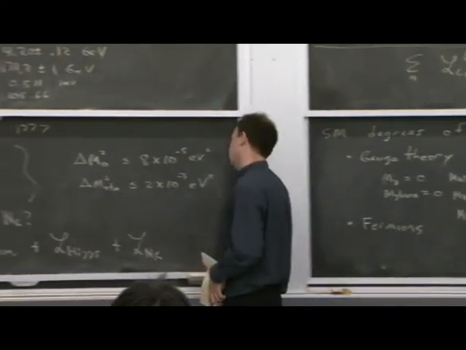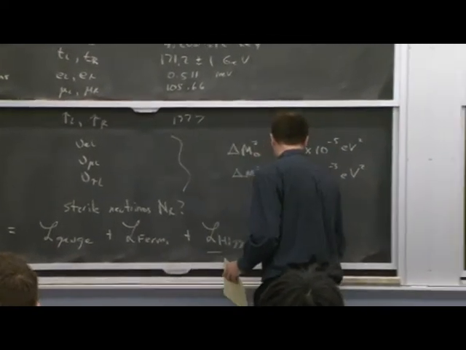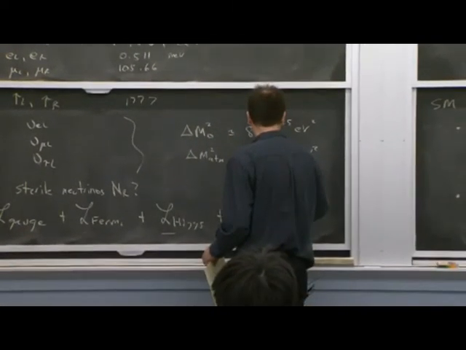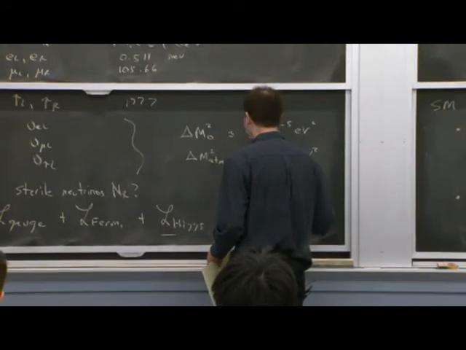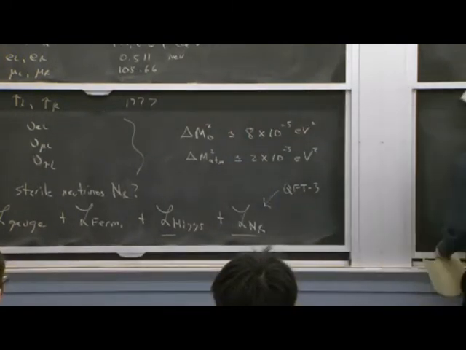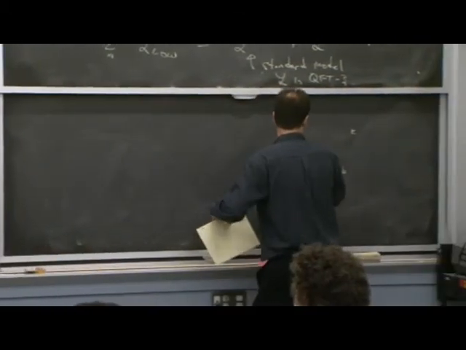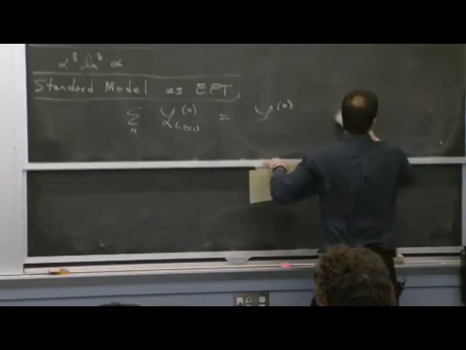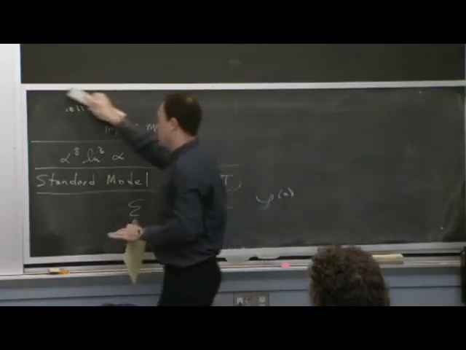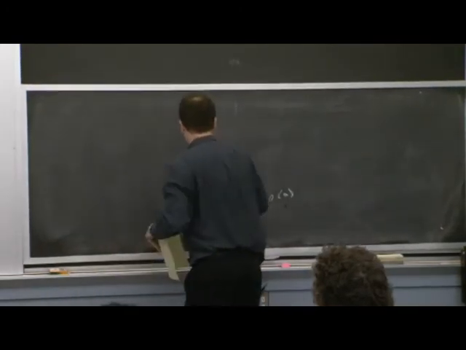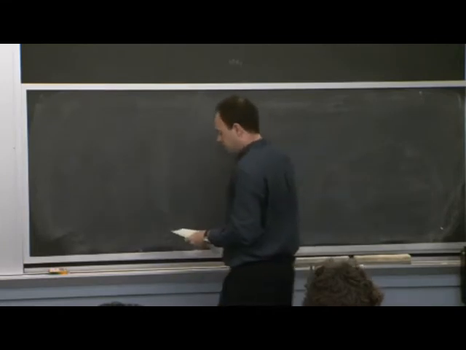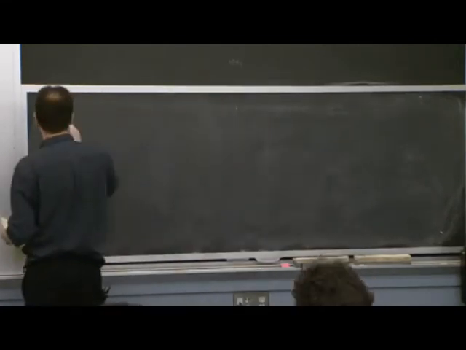So, these are topics that come up in QFT3. I'm not even going to touch them at the moment. I can't give you a complete review, but just a taste, emphasizing things that are important.